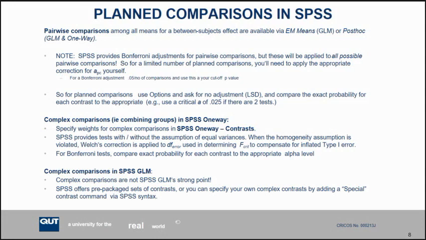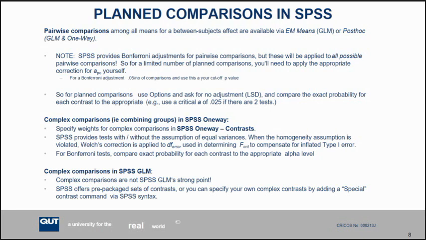Right, so how do we run our planned comparisons in SPSS? Pairwise comparisons among all means are available in either the EM means options menu in GLM or our post hoc menu in GLM and in OneWay.